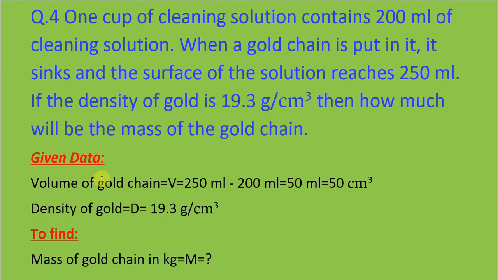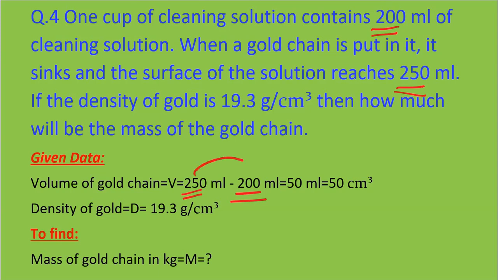So in this question, what we already know is the initial volume of this solution was 200. You can see here. When we put the gold chain, it reaches the level of 250 ml. So the final volume of the solution is 250 ml after putting the chain.